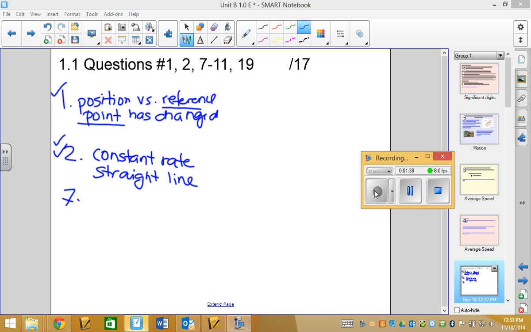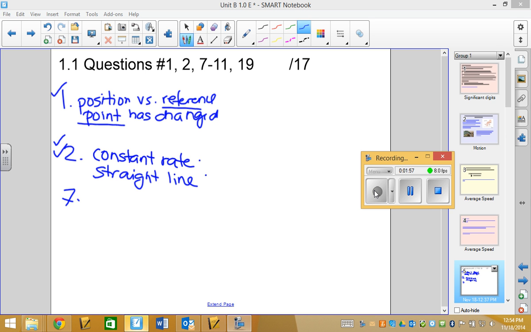So then number 7 asks you, of the 3 scenarios that are there, which one of them best represents uniform motion? Now, I think that you could make a case for any of them, as long as you described one of these 2 points.